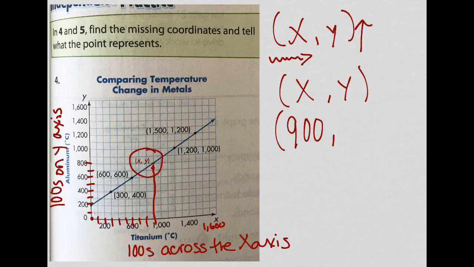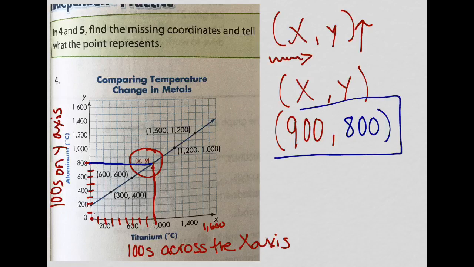It looks like it's at 800 on the y coordinate. And there it is. So then I have my y is 800 away from the origin on the y-axis. So the coordinates that are missing are 900 and 800 for x and y that we just solved for.